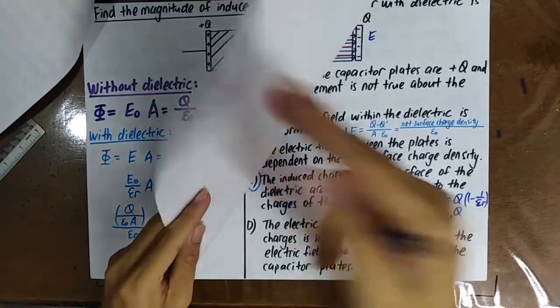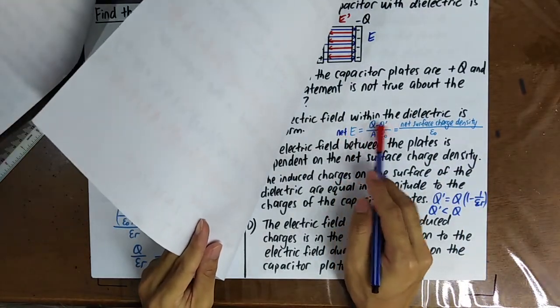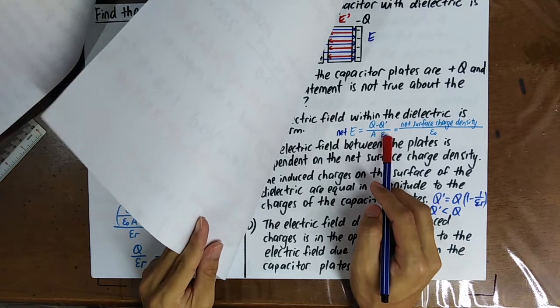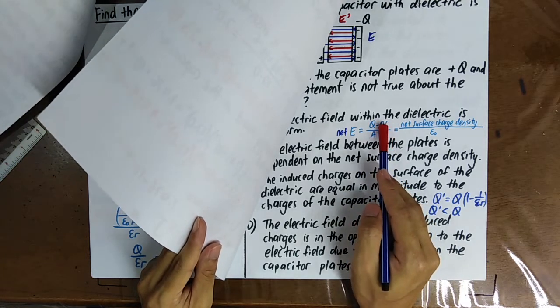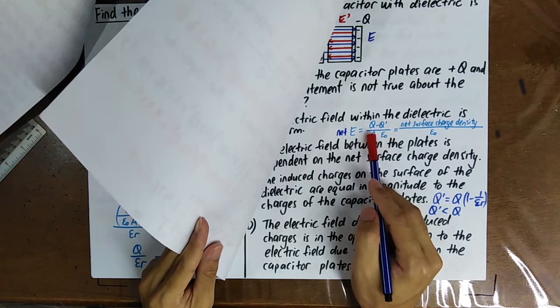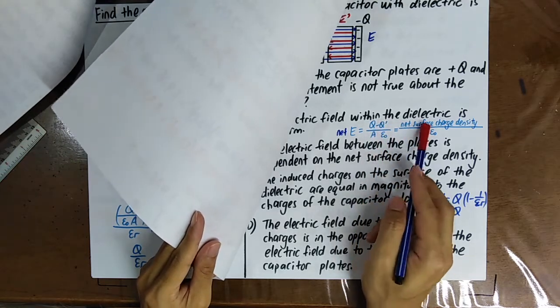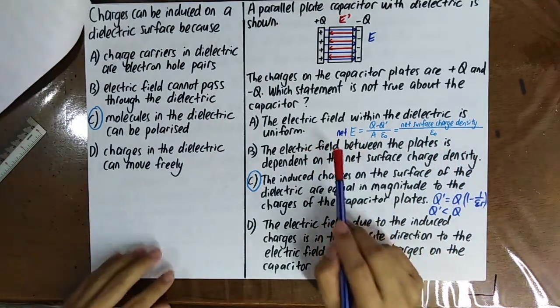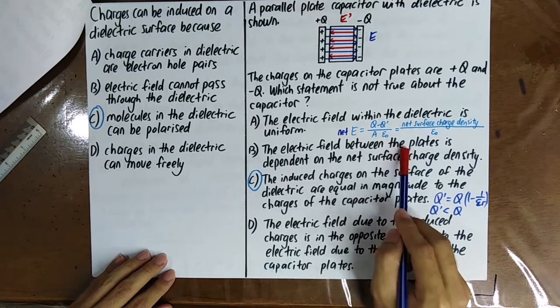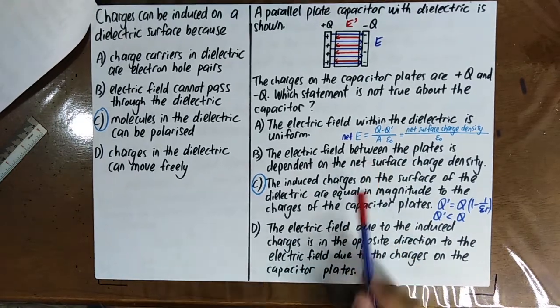You know that the net electric field is equal to Q minus Q prime over A epsilon naught. Q minus Q prime is the net charge enclosed by the Gaussian surface. Q minus Q prime over A is the net surface charge density. Okay, so you know that the electric field between the plates is dependent on the net surface charge density.